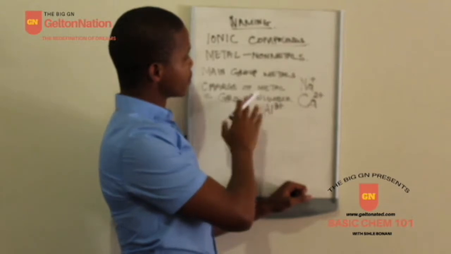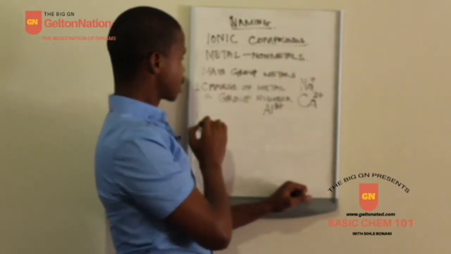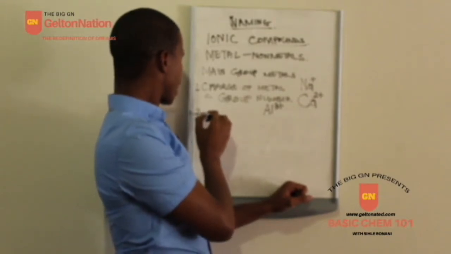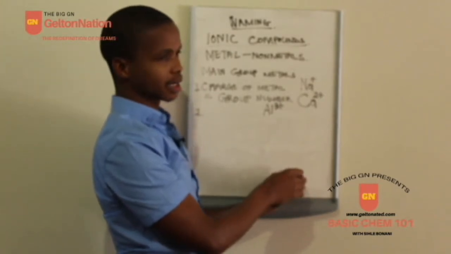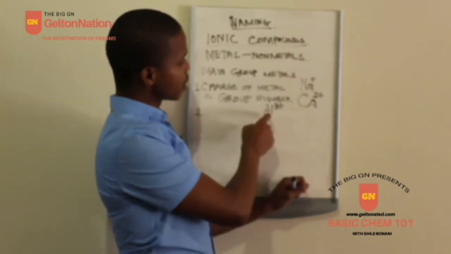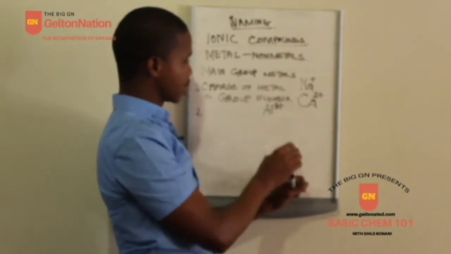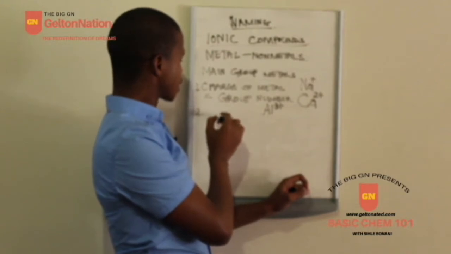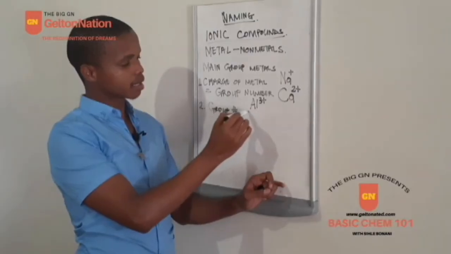This is usually the case when you are predicting the charge, but there are high atomic number metals like lead that do not have only one charge like the group number. Lead is usually the group number minus 2.